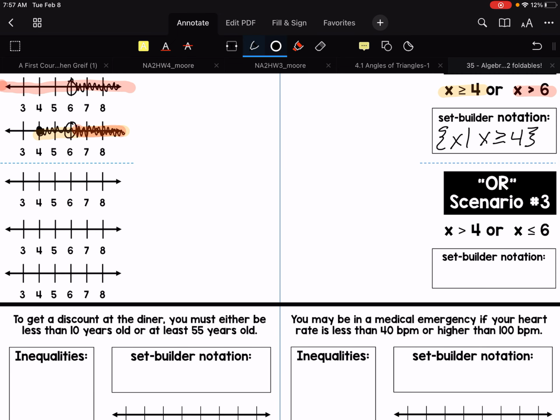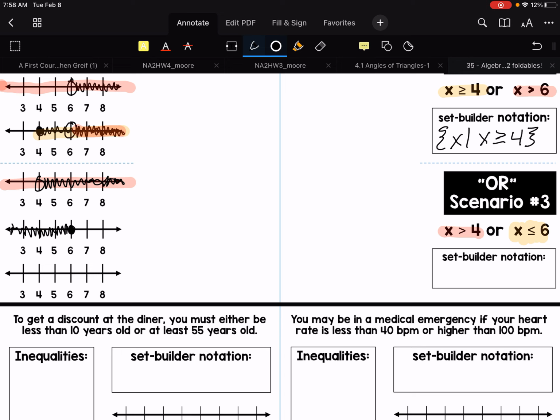One more scenario, and then again we're going to practice tomorrow. So I've got x is greater than 4, so it's an open point, greater than. The next one is x is less than or equal to 6.